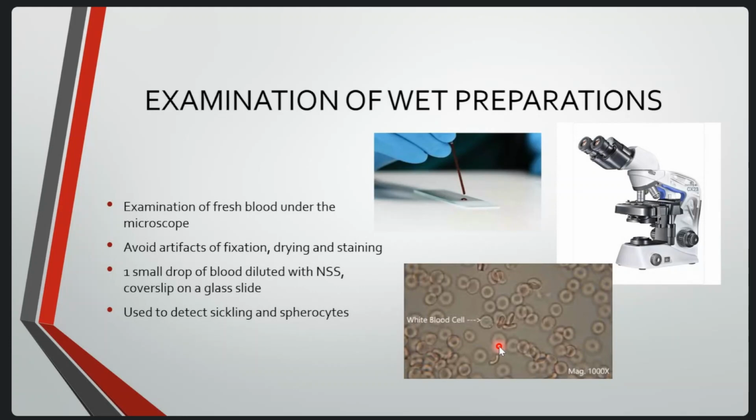It's also important to do wet preparation, especially when you consider sickling and spherocytes, because once our slides are stained, you can have artifacts. You can even see sickling and spherocytes in normal patients. That's why through wet preparations, you can already see them here without these artifacts.